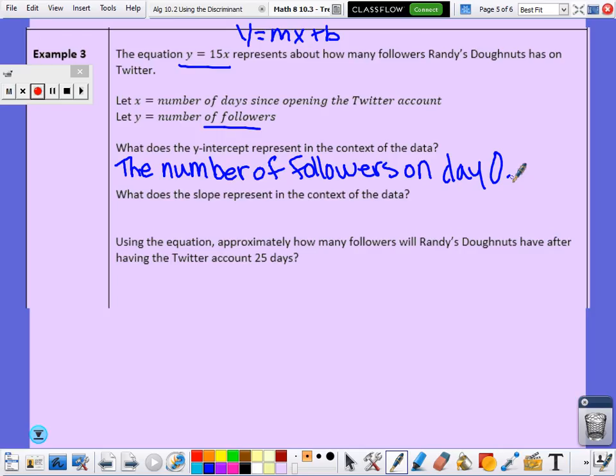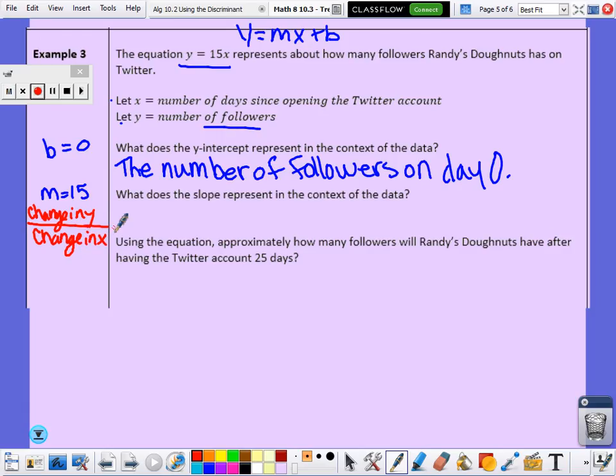Second piece, what does the slope represent in the context of the data? Well, we know our slope is m, which is, in this case, 15. So then I can write b equals 0. What does that 15 mean? Well, it's rise over run, or the change in y over the change in x. I'm going to write that down as well. Change in y over change in x.